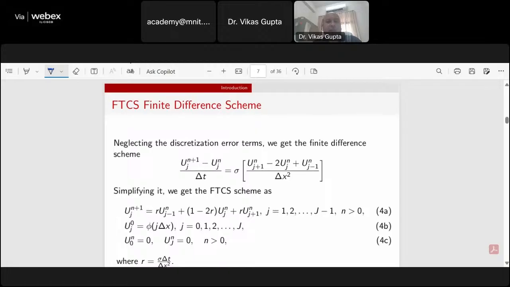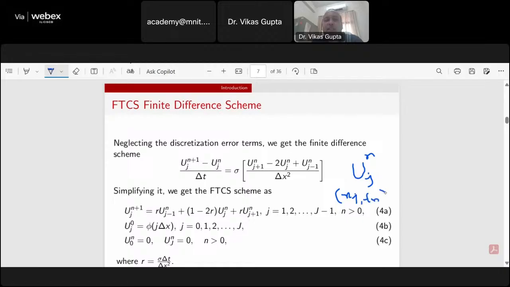Now, neglecting the discretization error term, we get this finite difference scheme, where capital U represents the solution of the finite difference scheme at the point xj, tn.